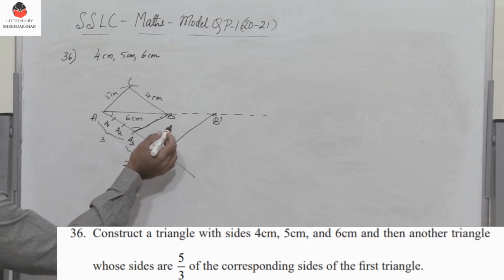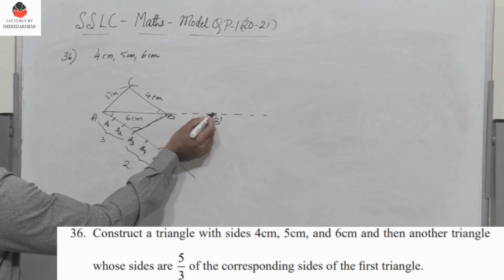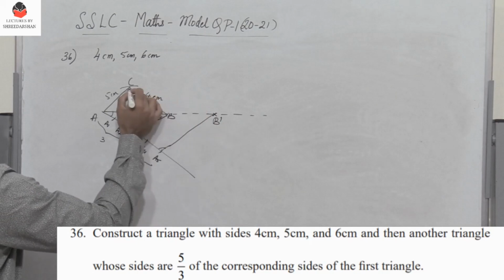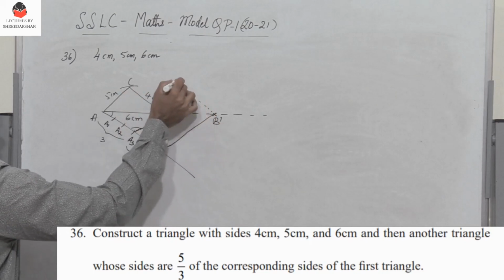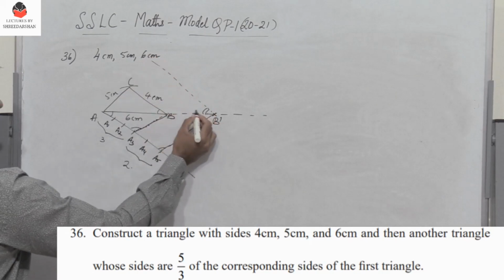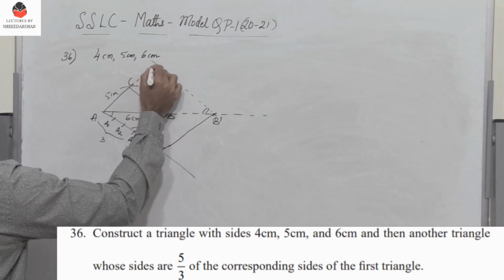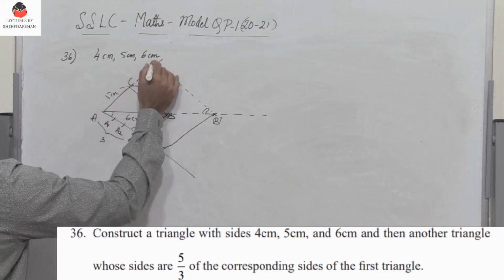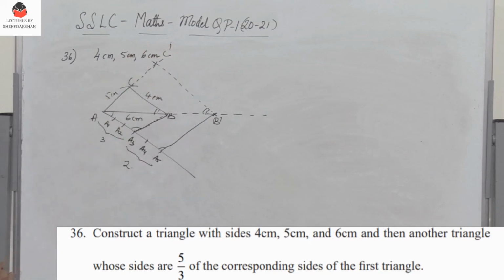Similarly, with the same angle here at B, you extend this line with this angle which cuts the line AC which has been extended, which is C dash, right? So this is how we get the triangle.